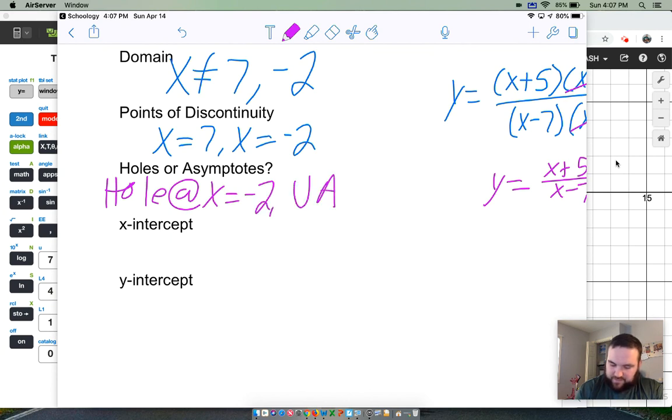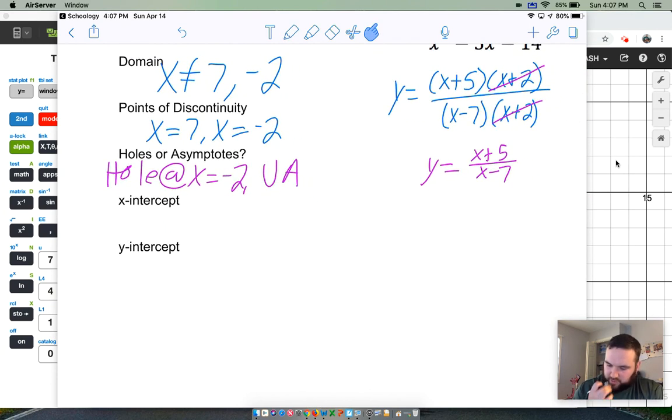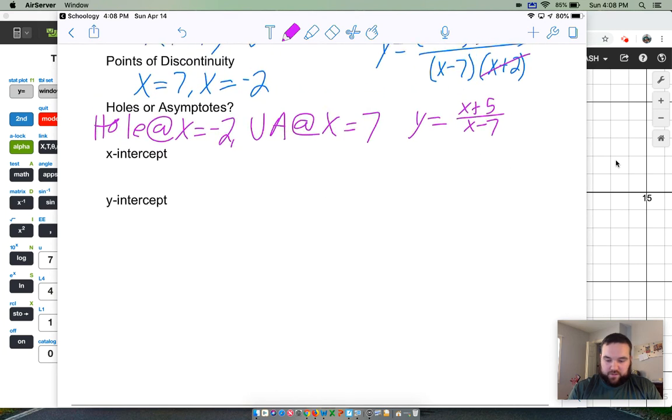And then this is the first one where I have one of each. So I actually also have a vertical asymptote, because this x minus 7 I wasn't able to get rid of. So I have a vertical asymptote at x equals 7 also. So both my discontinuities are things that we're going to run across in this problem.